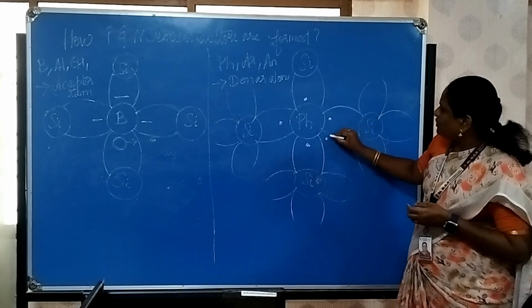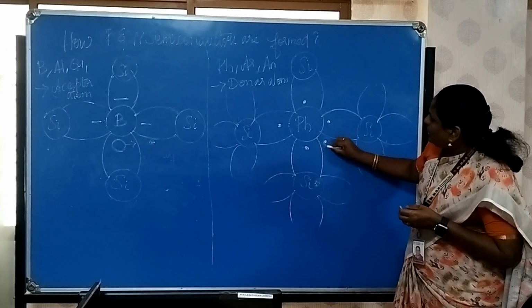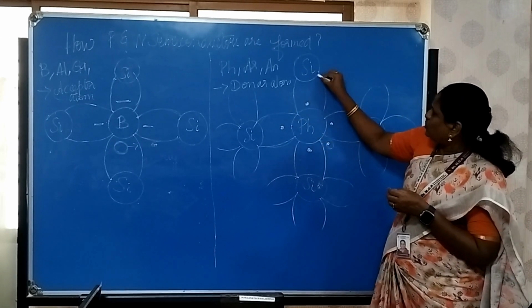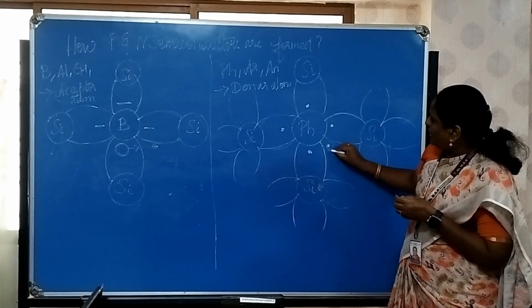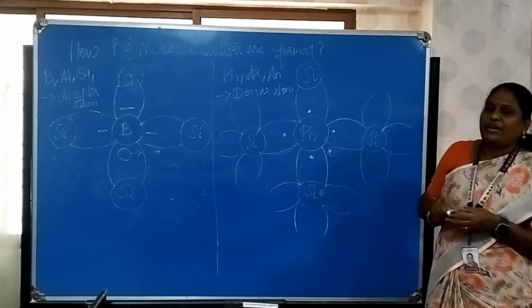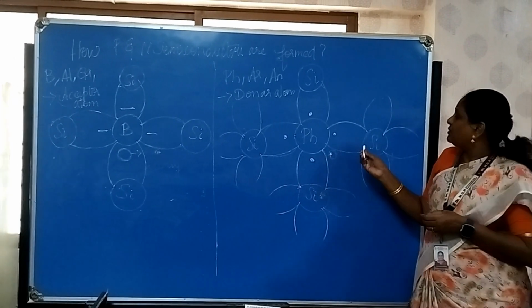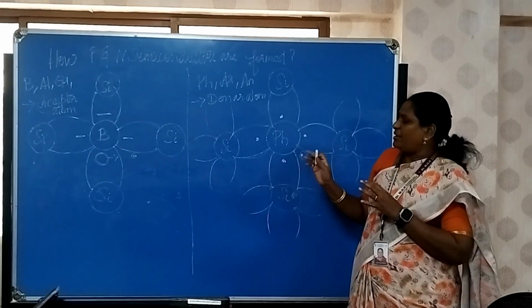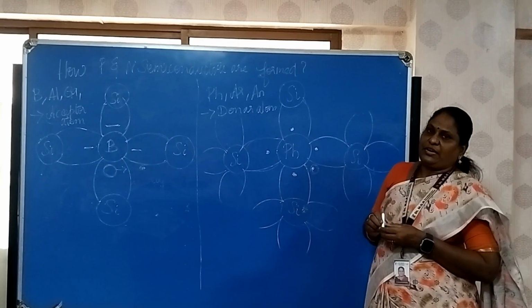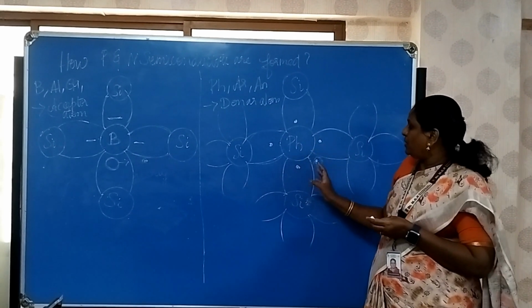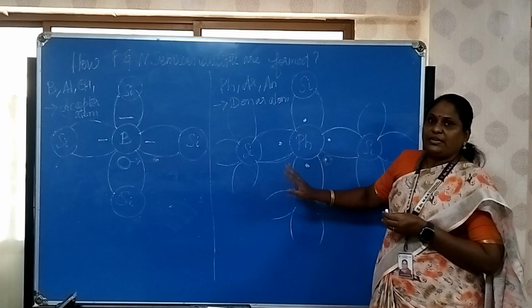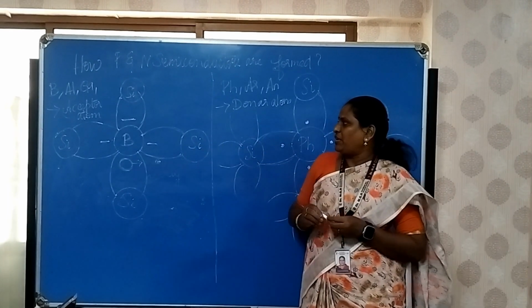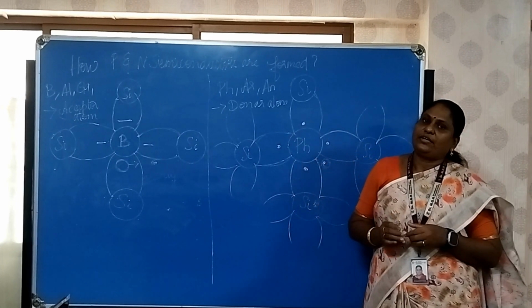These are all bonded with covalent bonds. So the remaining one electron will be left free. So the number of electrons will be more in the N-type semiconductor. So here you can see that in the N-type semiconductor electrons are the majority carriers and in the P-type semiconductor holes are the majority carriers.